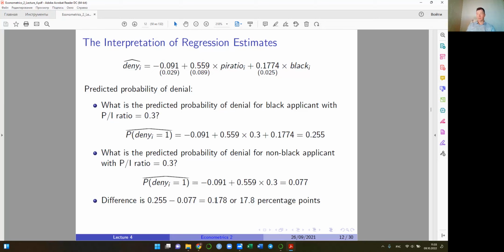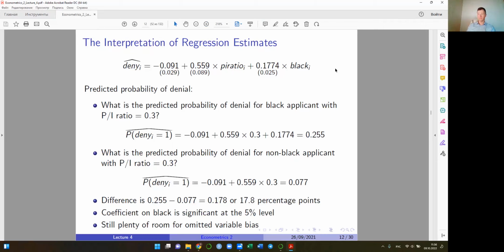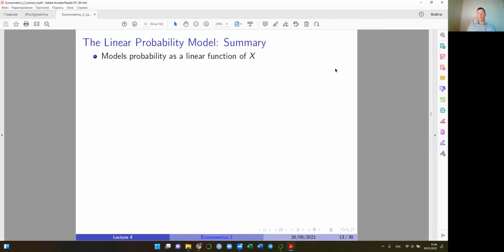So it gives us a first baseline result that probably black applicants are in some sense discriminated against. But of course, we didn't account for many important characteristics that might lead to omitted variable bias. Right? So we need to control for these potential characteristics.